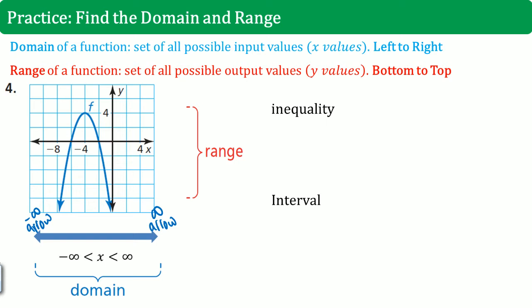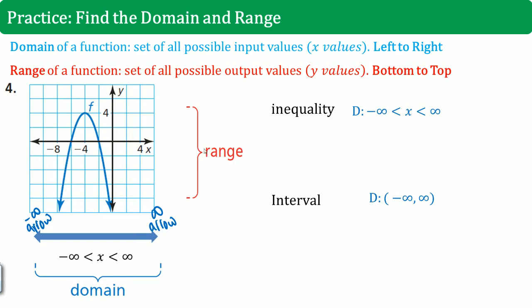So x is less than infinity but greater than negative infinity, and it is open on both sides. For the range, we see here that the range is when we look at it up and down. When we look at it up and down, here's the range in interval and inequality. Here's the domain in inequality and interval.